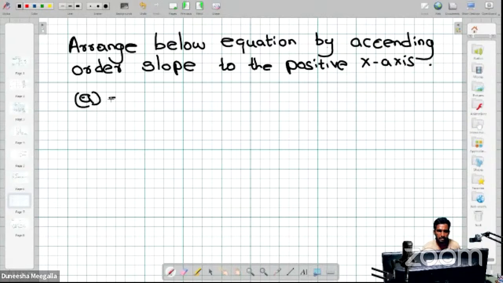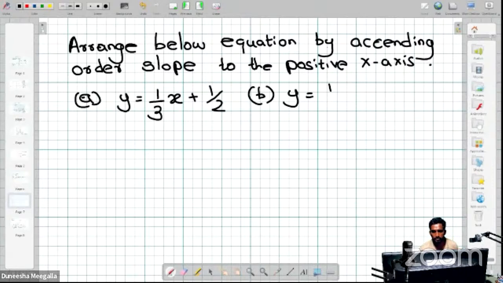A is y equals 1/3 x plus half. Once you finish writing these down, arrange them. Then 1/2 and plus 5. B is 3x.